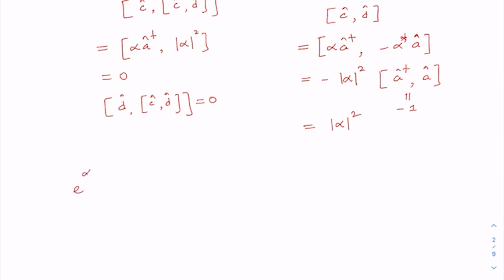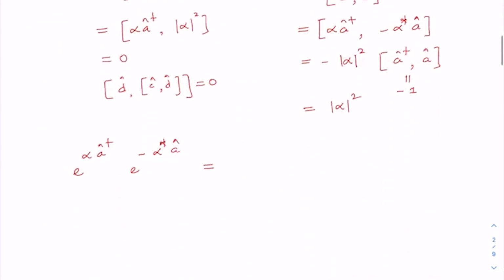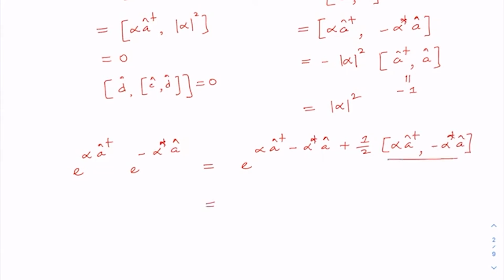So e to the power alpha A dagger times e to the power minus alpha star A, this formula, right? Now I'm going to apply this formula. So this would be equal to e to the power alpha A dagger minus alpha star A plus half of the commutator [alpha A dagger, minus alpha star A], and this we have already worked out. That is equal to mod alpha square.